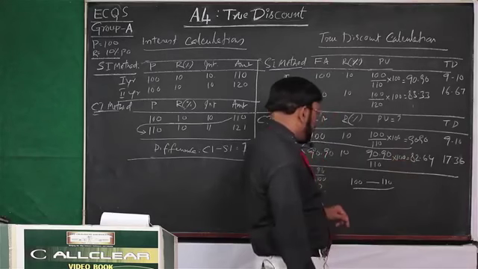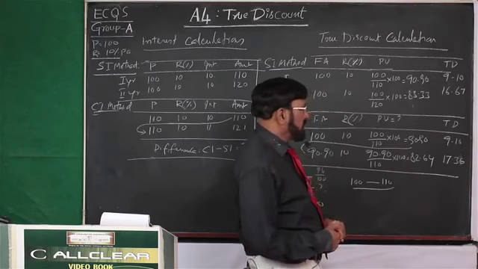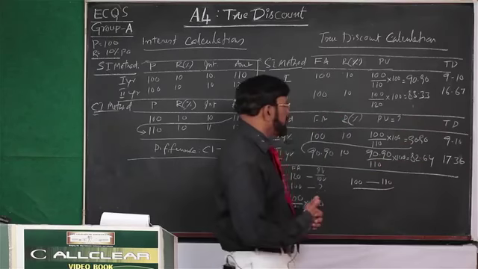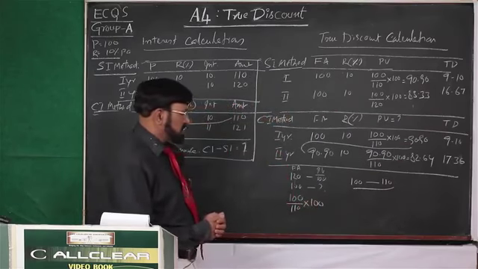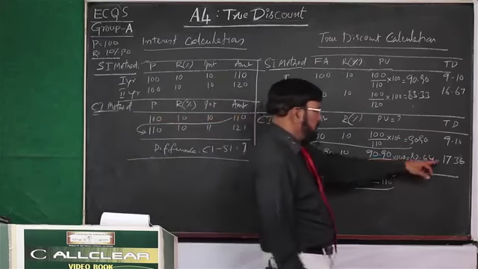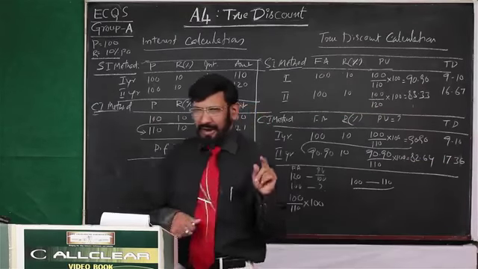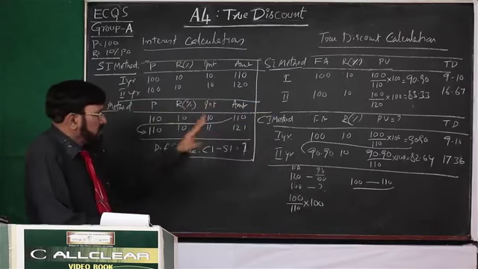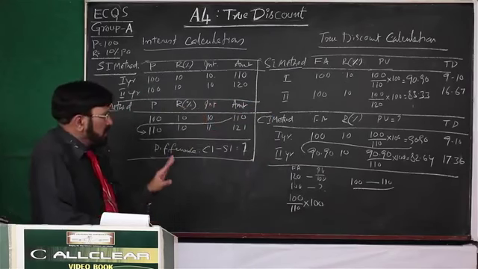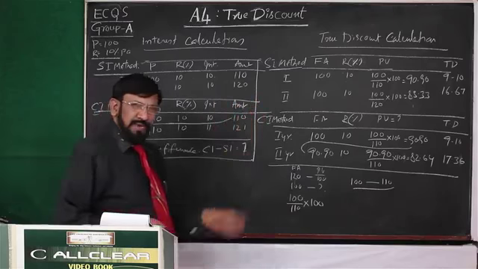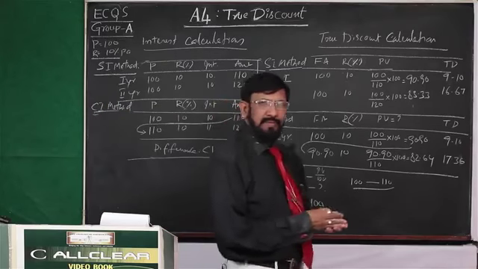In simple interest 16.67, and compound interest it would be 17 rupees 36 paise. That you have to understand. And if you understand these 4 tables analytically, you can own this concept. Thereafter, you need not make this much struggle and all that.